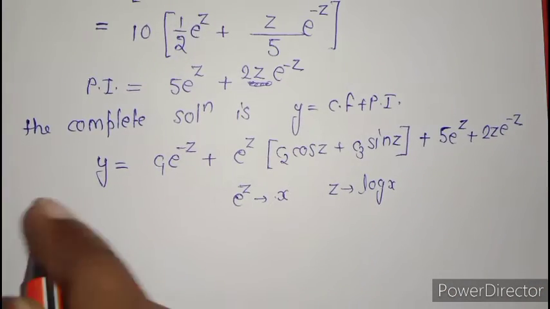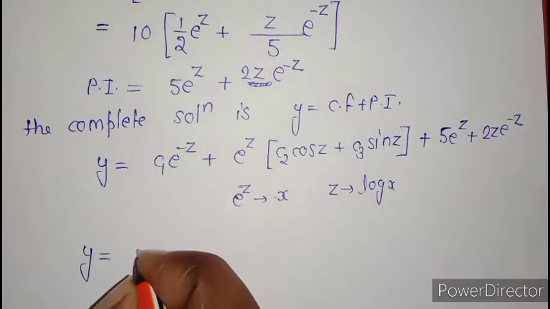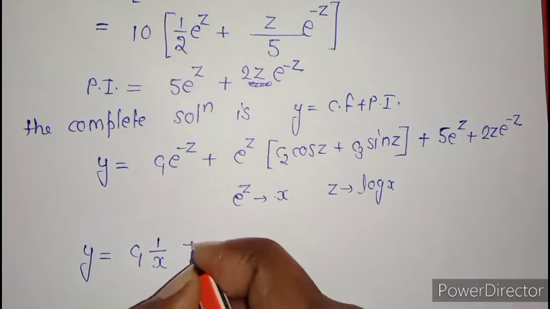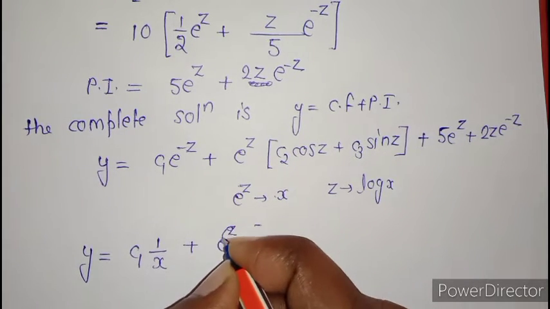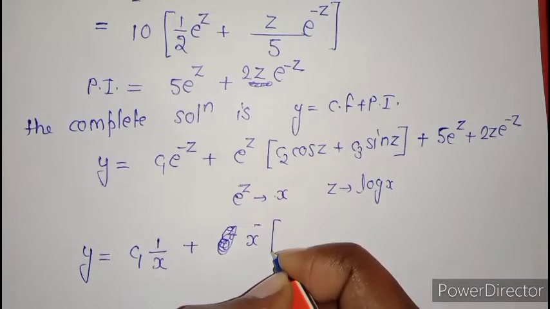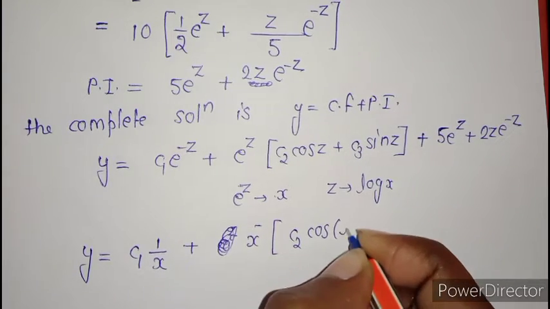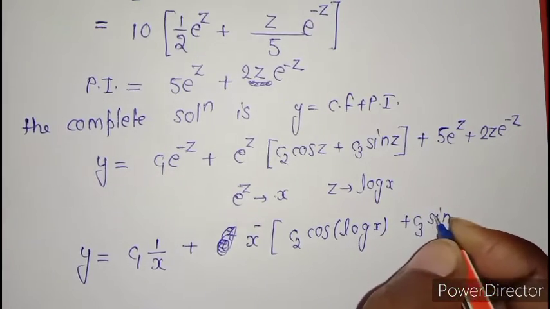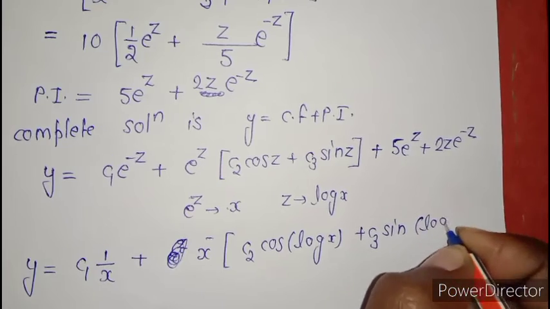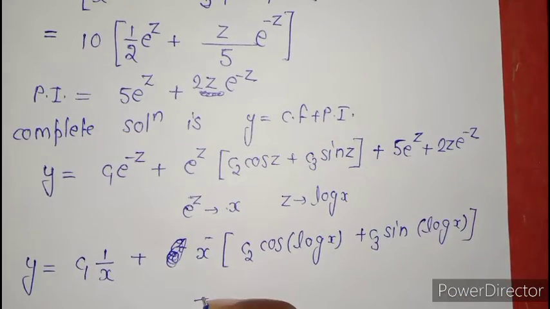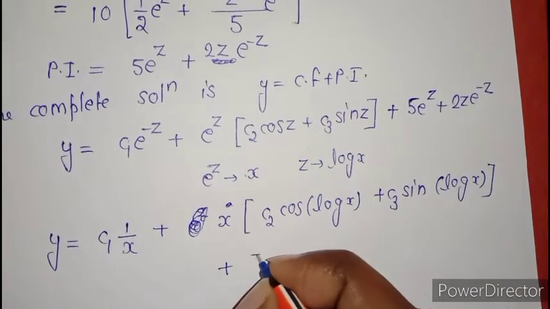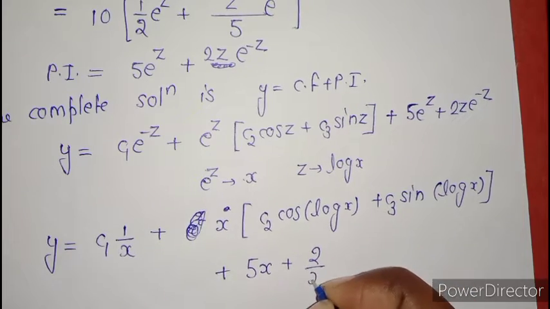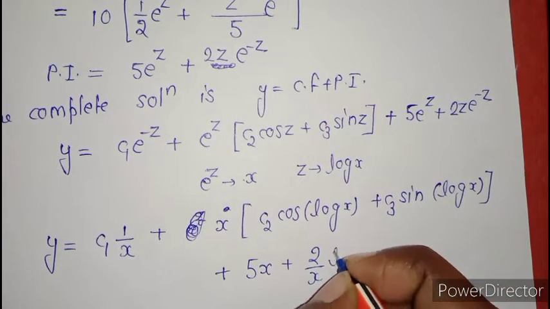So after replacing, it becomes y is equal to c1 e raised to power minus z becomes 1 by x, plus e raised to power z becomes x, c2 cos z becomes log x plus c3 sin z becomes log x again, plus 5 e raised to power z becomes x plus 2 by x, because e raised to power minus z is here, and z becomes log x.